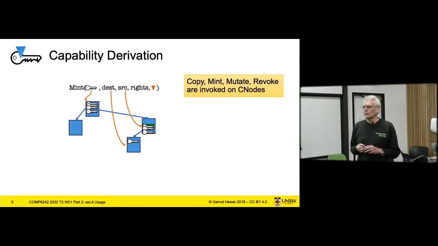These are so-called capability indexes, so they're basically references inside the C space, addresses inside the C space. And then the rights, which is the new rights of this new capability, which is an AND of the existing rights plus whatever you supply here, and a badge if anything.